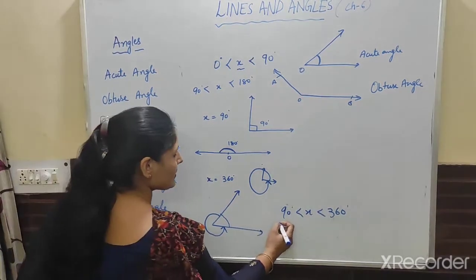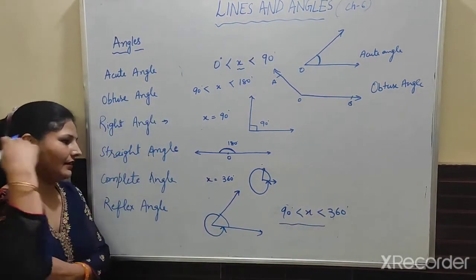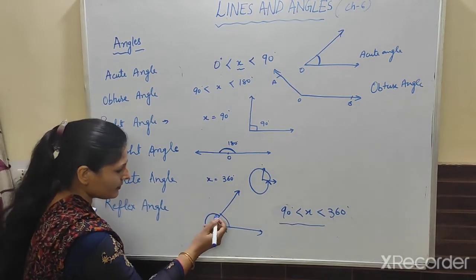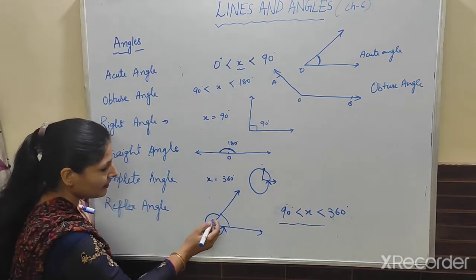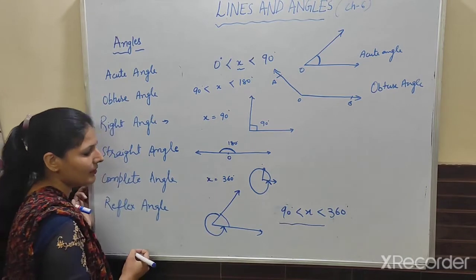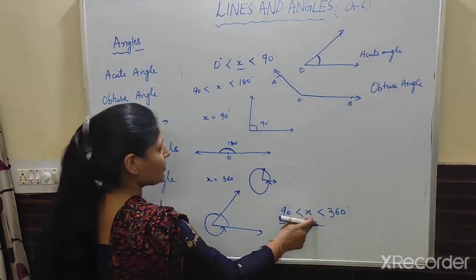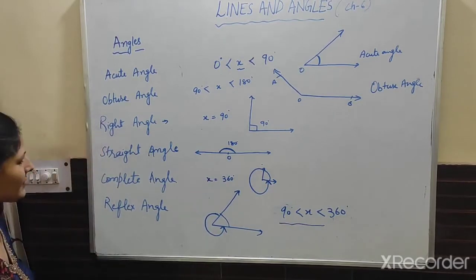Okay. This is called your reflex angle. This is the opposite angle of the acute angle. This angle is called the reflex angle, whose measure lies between 180 and 360 degrees.